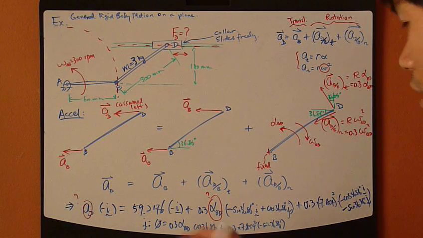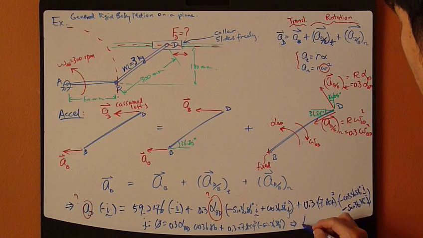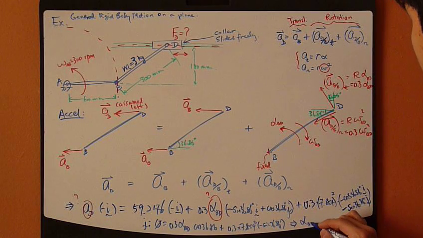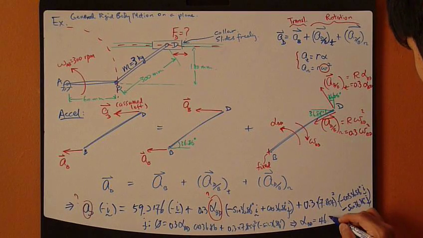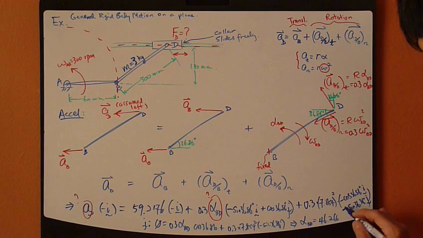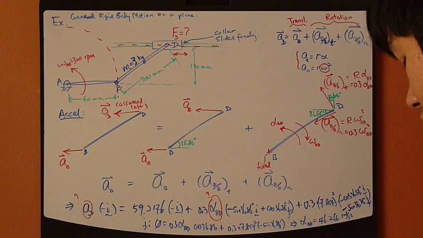And then solve for alpha BD. So it turns out to be 46.266 radian per second squared.